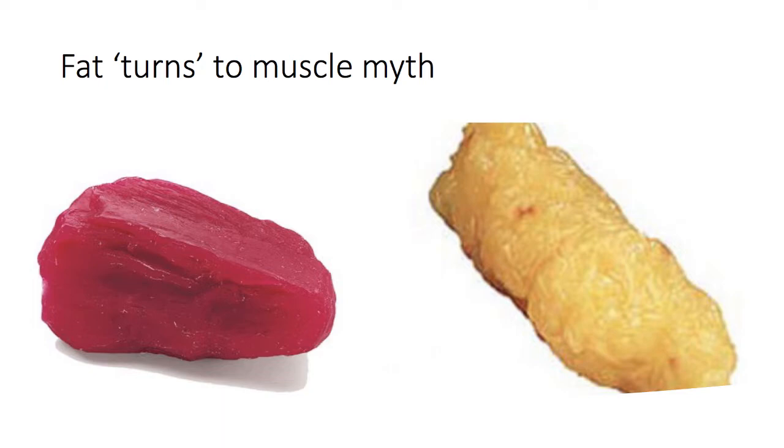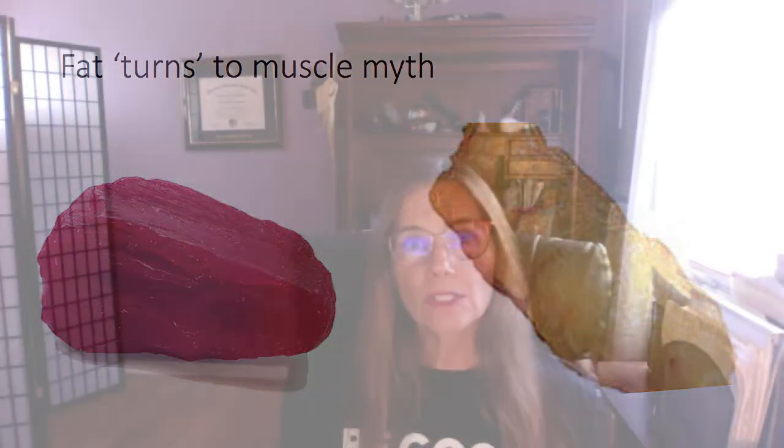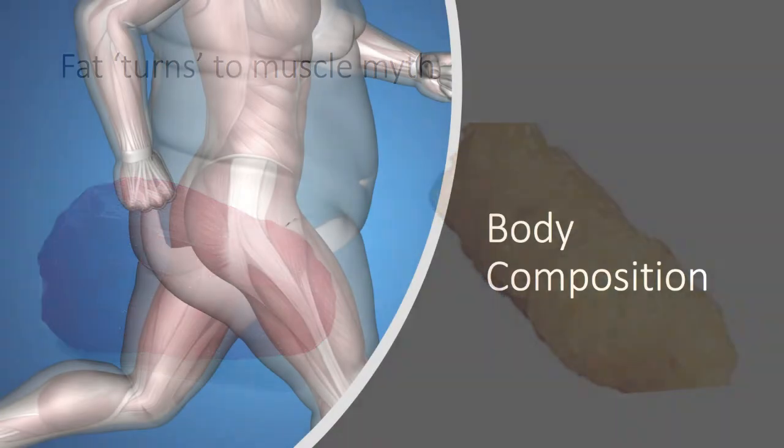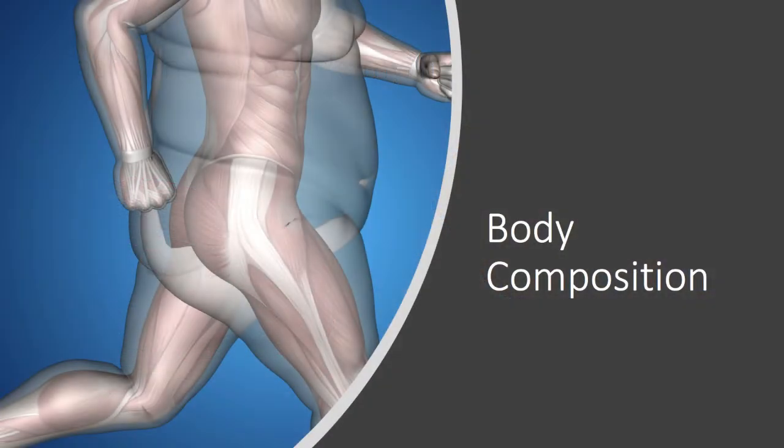And if you want to change your body composition, you need to do two things. You need to reduce your body fat, but you also need to increase your muscle mass. Reducing the body fat is the biggest piece of that, right? Because you can find a lot of people that have very, very toned, muscular systems, and if they're in a whole envelope of body fat, you'll never see it.